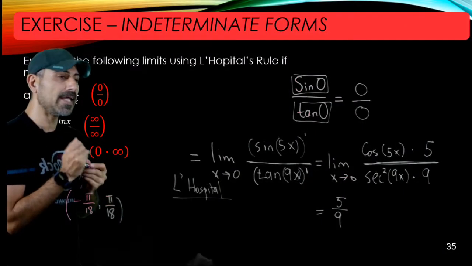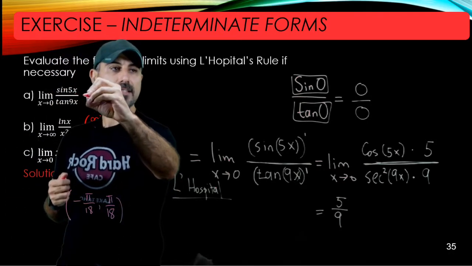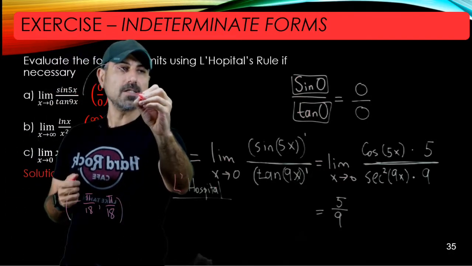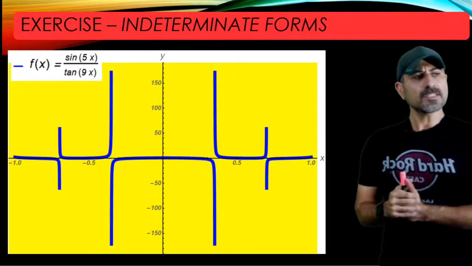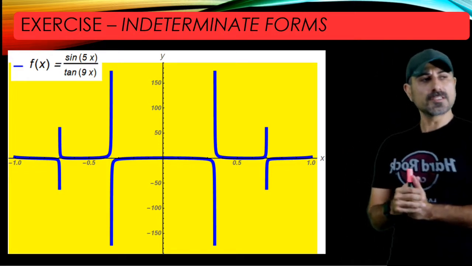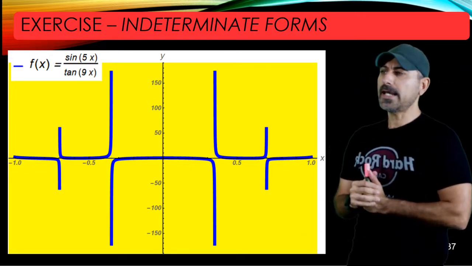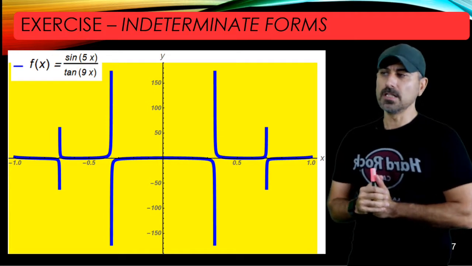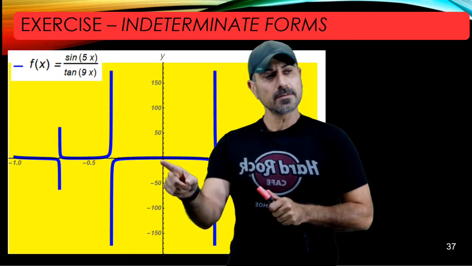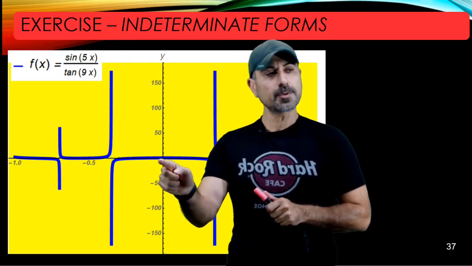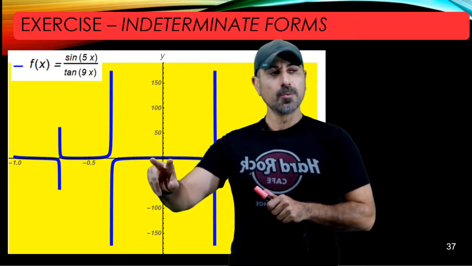Since this limit exists, I can go ahead and say that this limit here is exactly equal to 5 over 9. And this is the graphical outlook of the function sine 5x divided by tan 9x, and we were talking about the limit at 0. I can perfectly see from here that regardless of where you approach 0 for x, the corresponding function values would approach somewhere.